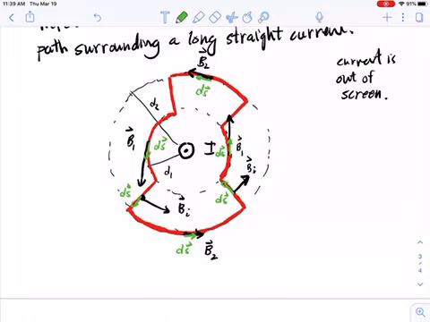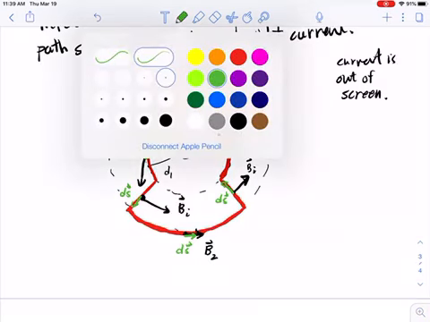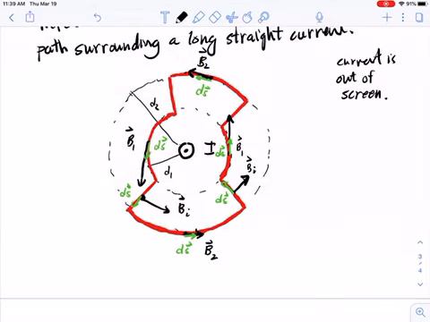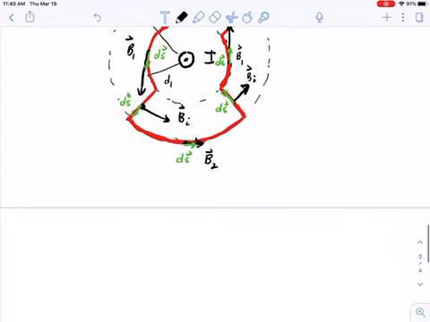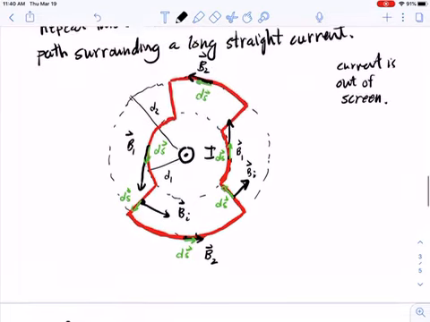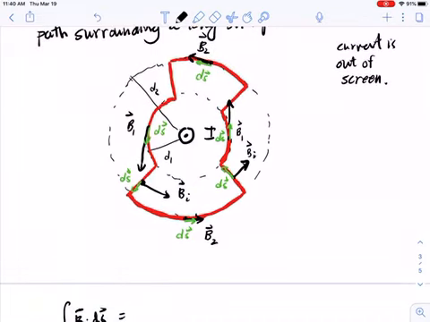Okay, so let's now think about trying to calculate this B dot ds around our closed path. Okay, so B dot ds, let's start over here.